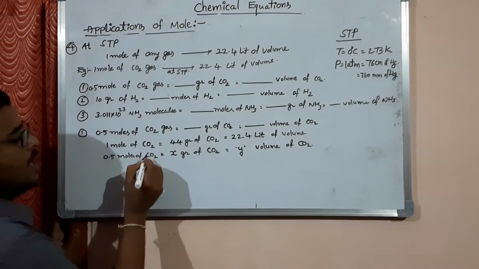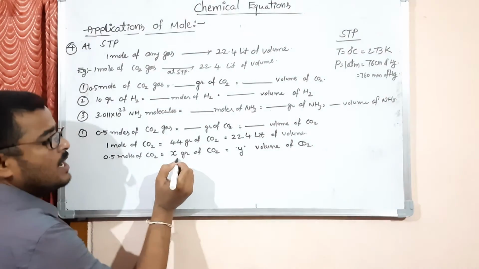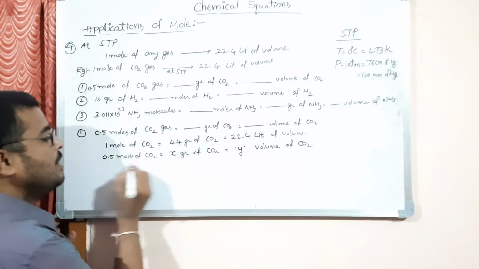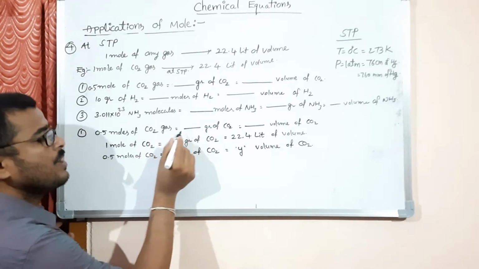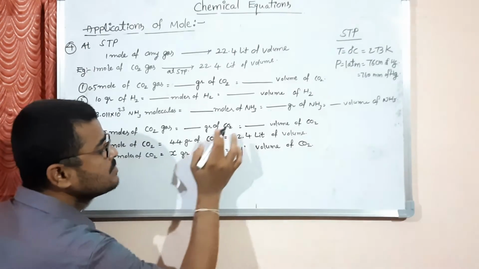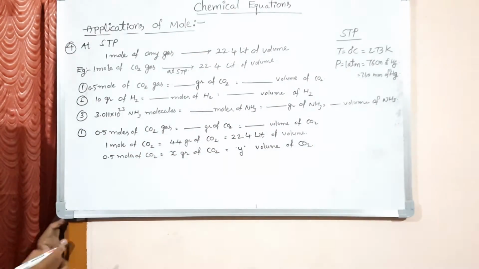Now first I am calculating in terms of mass. In terms of mass, 0.5 moles of CO2 gas is equal to how many grams of CO2? I am taking only these two.